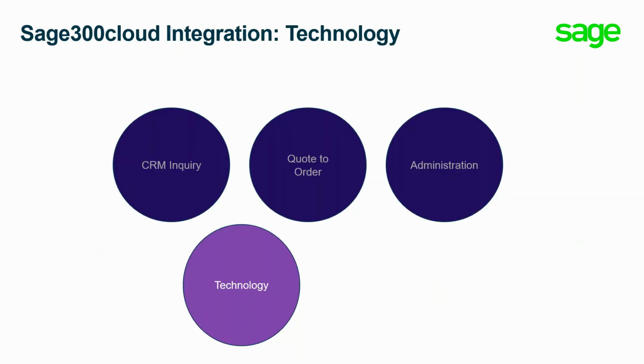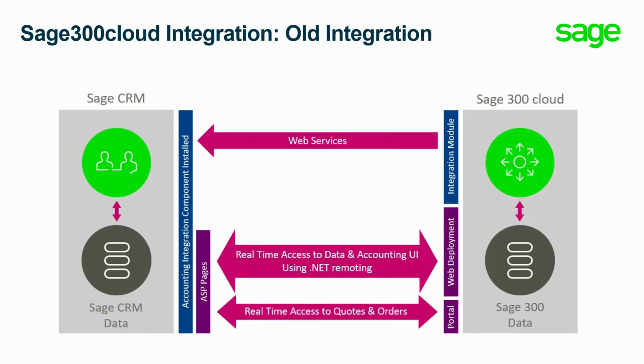For those of you that are interested, there was a change in technologies. Previously, the integration was fairly standalone, set apart. We had the Sage 300 portal and the AppPack web deployment screens, which were separate from the Sage 300 desktop screens.